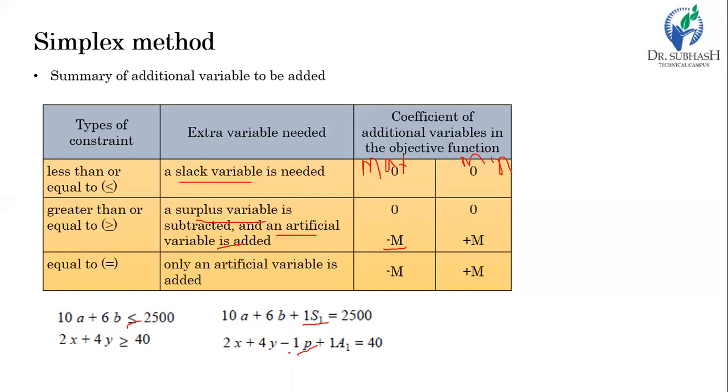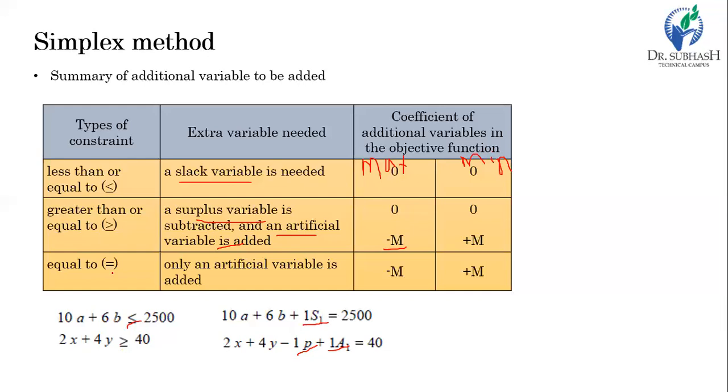After subtraction, the artificial variable must be added, which is a1 here, with a plus 1 coefficient. And this must be added with M, either negative M or positive M as per the case given. So this is the conversion of a greater than or equal to type constraint into an equation or equality type constraint.